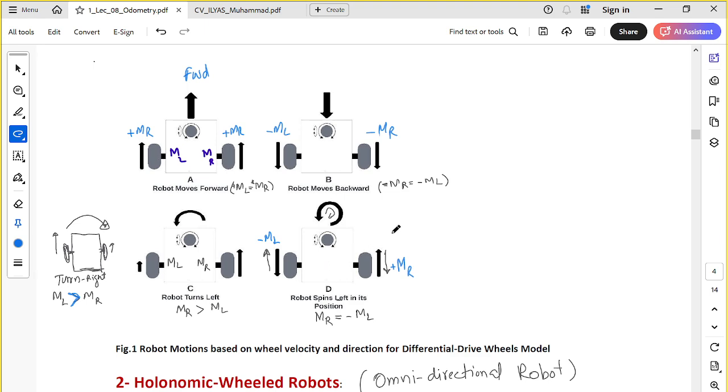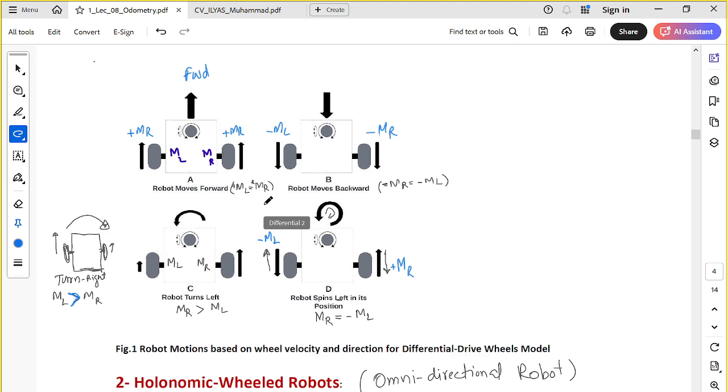This is a very simple algorithm, and you have already implemented it in your midterm projects and in the labs before: how to control the speed and direction of the two motors of a differential drive robot, and you can achieve any type of motion, forward, backward, turn left, turn right, turn in place, clockwise, anti-clockwise, just by controlling the speed of these two motors.